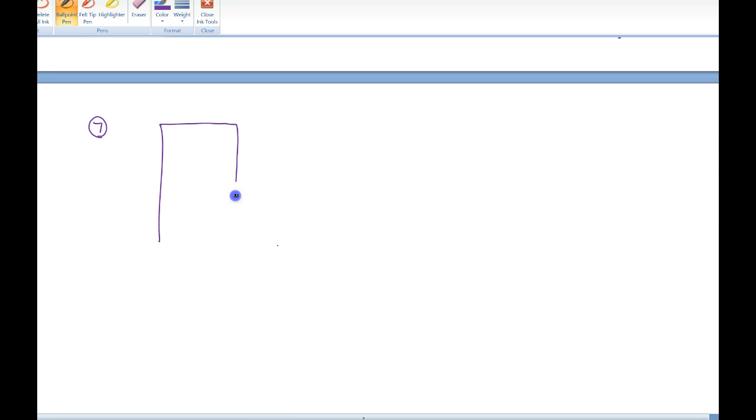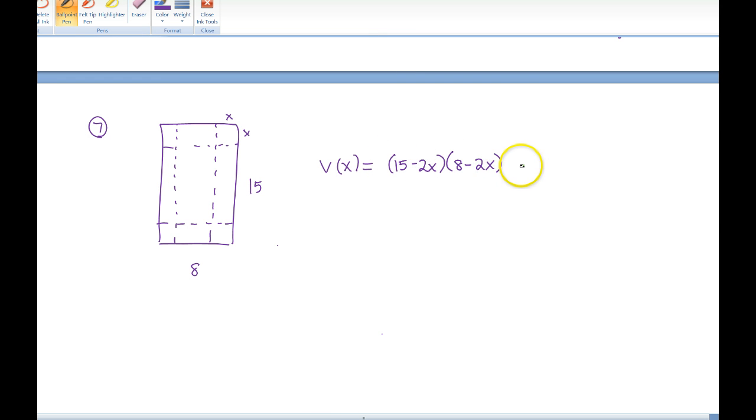So you start with a rectangular piece and it's 8 by 15, and then you cut squares out of the corner, so x. So our volume is what we want to look at here. So we want the largest volume. So this is going to be 15 minus 2x, 8 minus 2x, and then times x.